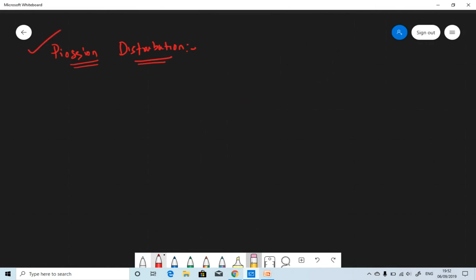This is important for machine learning. Keep note of this. I will tell you why this is important. These are discrete numbers, discrete values.